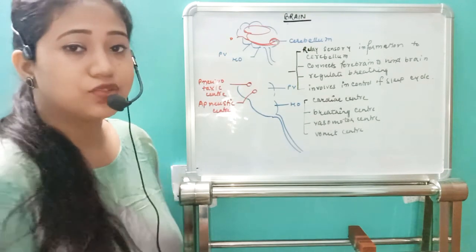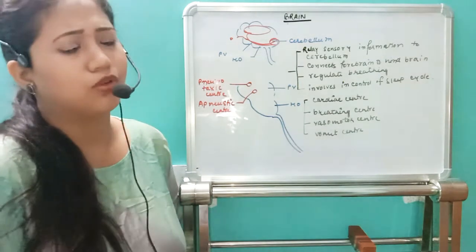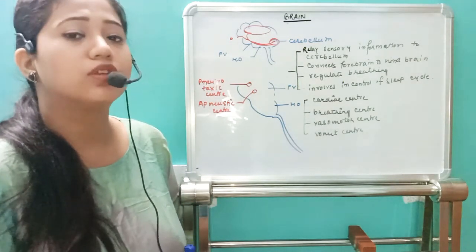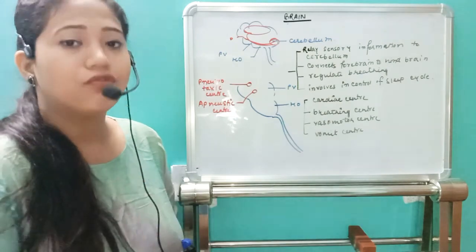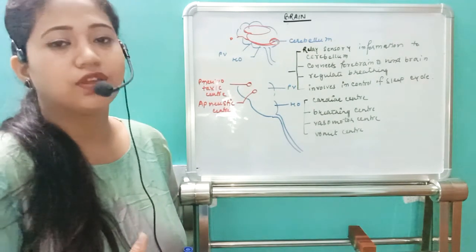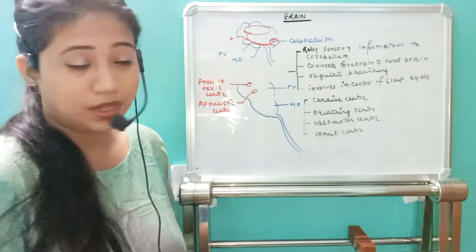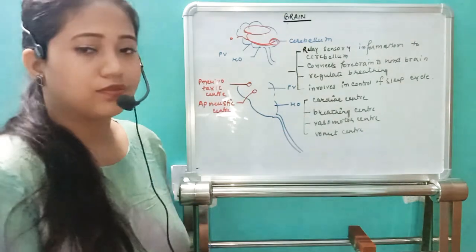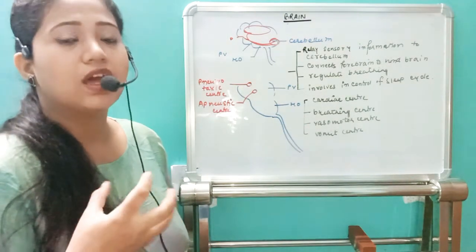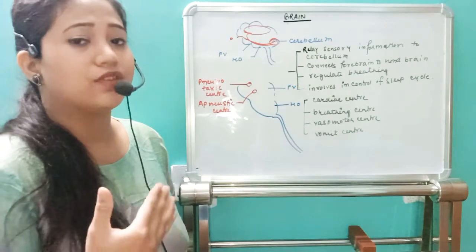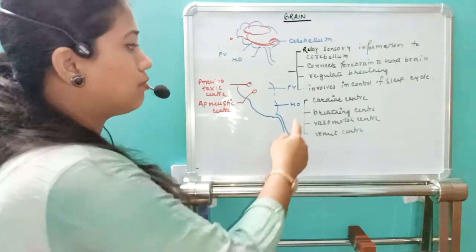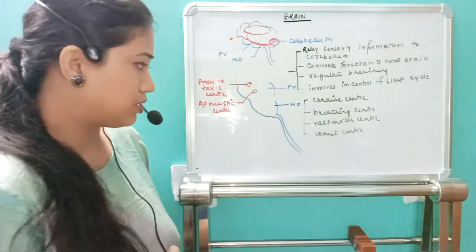Then let us move to the next part, that is the medulla oblongata. This medulla oblongata is going to control basically most of the physiological functions. First of all, it has a very important function in the heartbeat, so it has the cardiac center. Then the breathing center is also present there.